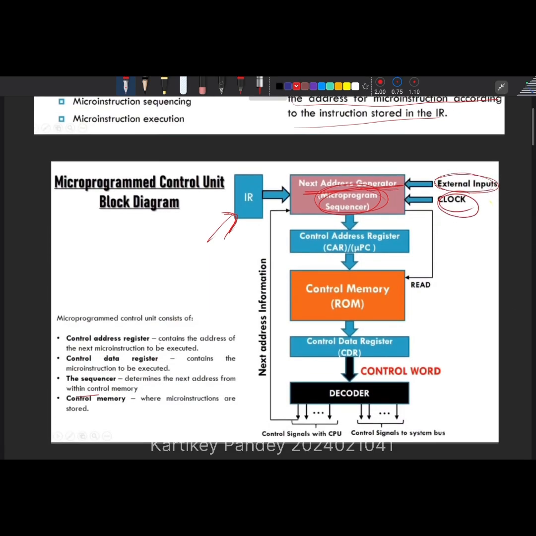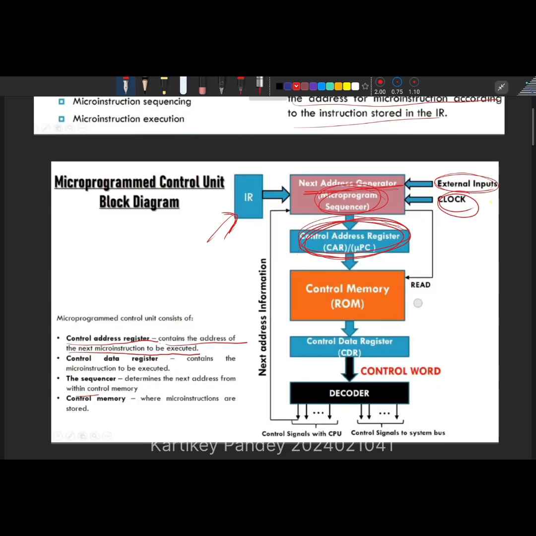These are external inputs. This is the control address register, also known as CAR. So what does it do? We can read it here. The control address register contains the address of the next microinstruction to be executed.